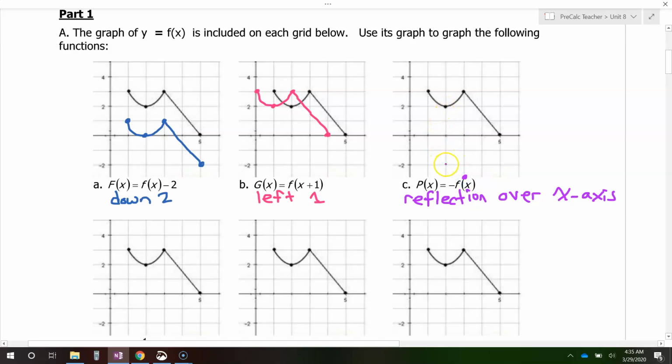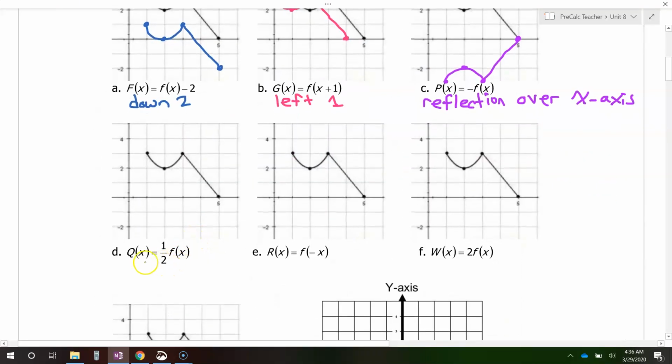This is 2 up, so I'm going to go 2 down. Back to 3. All right, this point is right on the x-axis, so it won't move. So the reflection is going to look something like this. And notice if you look at the double image, the x-axis is the line of symmetry. So that's how you know we did it right.